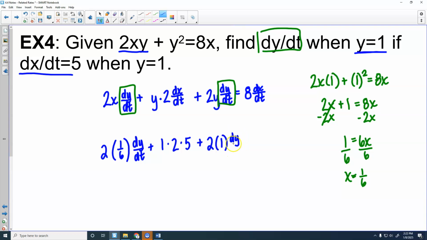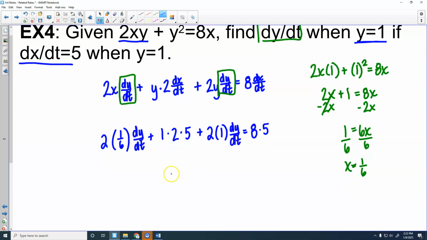I leave dy/dt because that's what I'm solving for, equals 8 times dx/dt, which is 5. And now you're just solving this equation. It does have some fractions in it, but it's still just like a linear equation to solve.